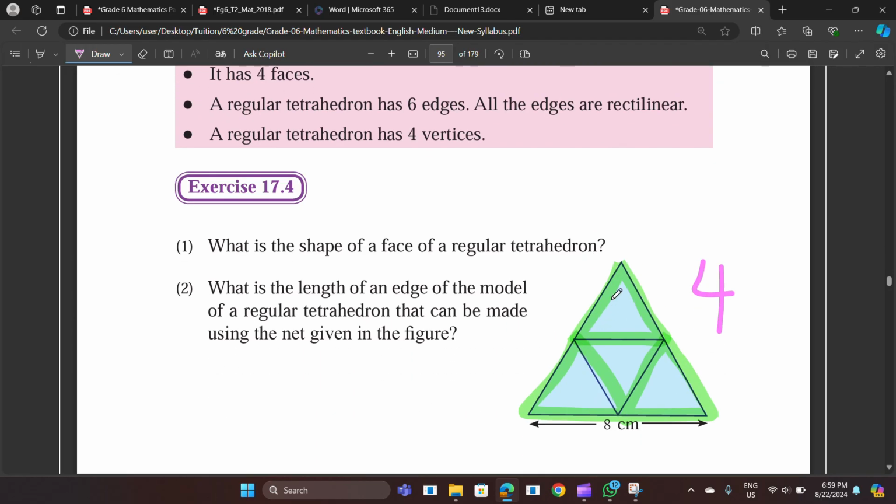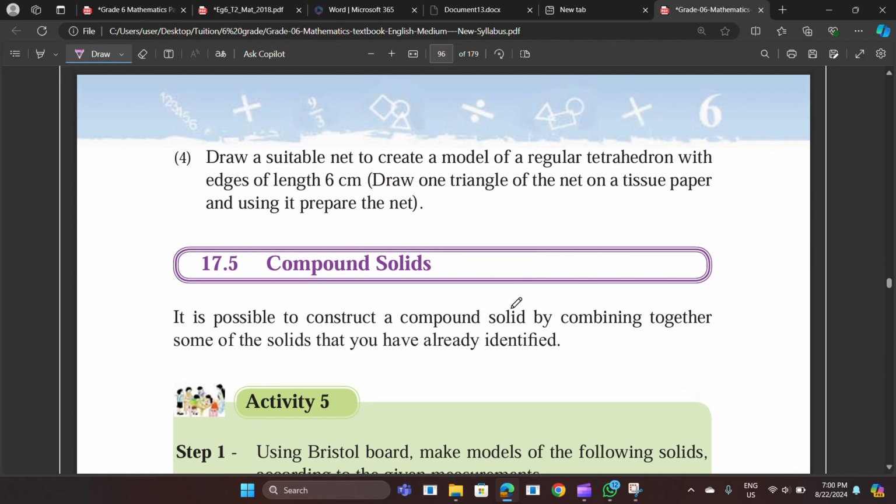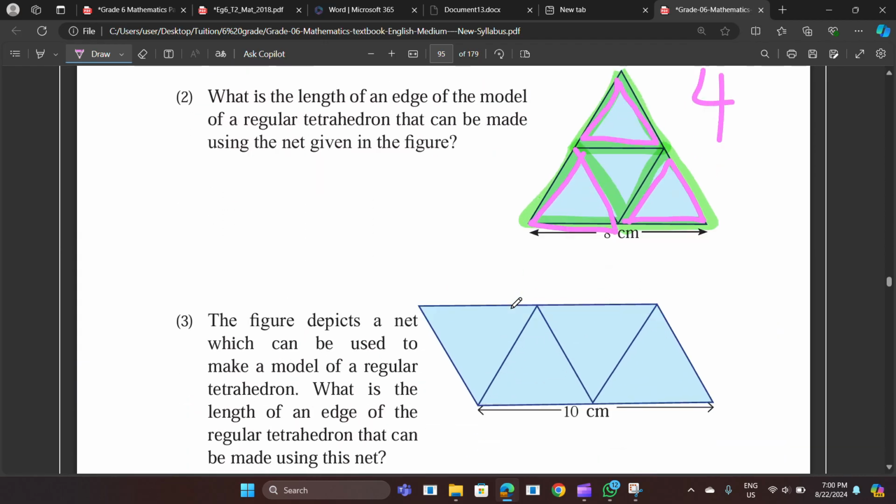So count the edges. 1, 2, 3, 4, 5, 6, 7, 8, 9. No, no, it is not counted like that. Sorry, my mistake.